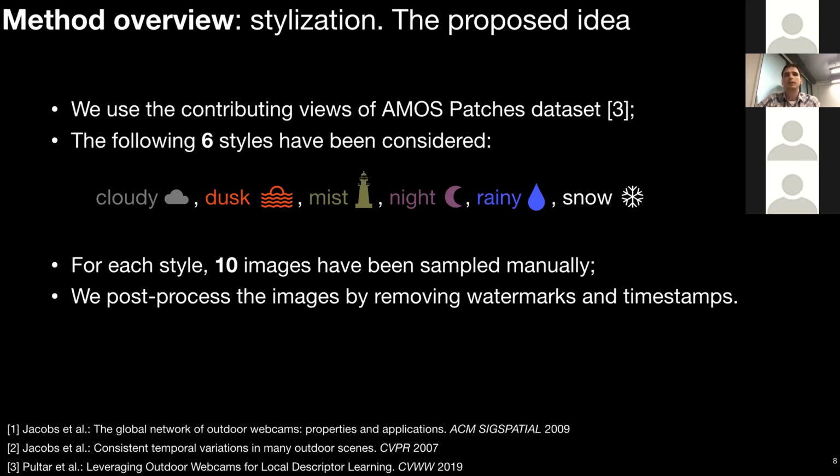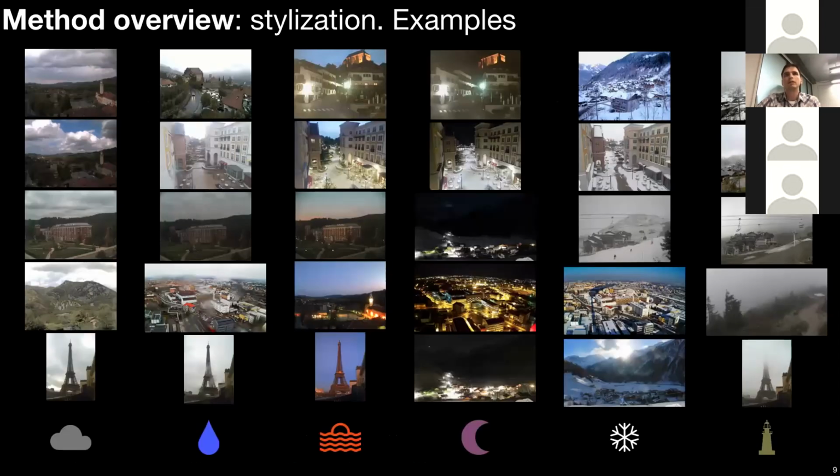So we use the subset of the Amos dataset produced by Pultar and manually sample 10 images for each style. The sample images have been post-processed manually by removing watermarks and timestamps. Here we demonstrate some of the examples. These images for each style we considered are illustrated here.